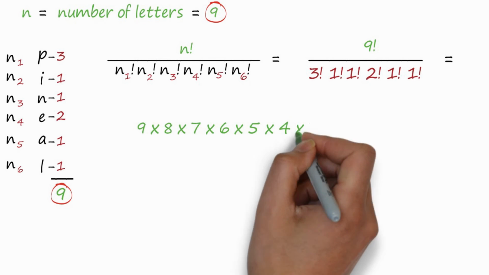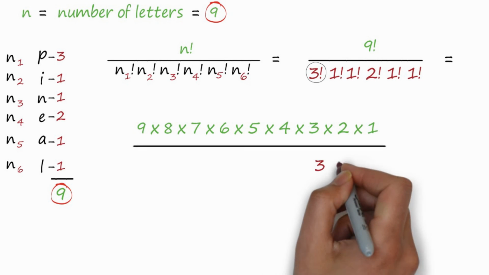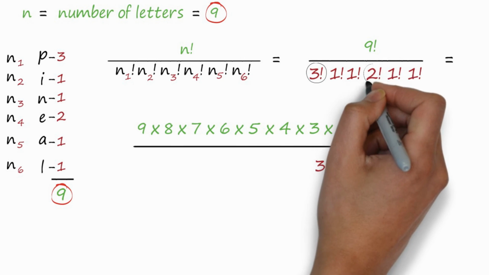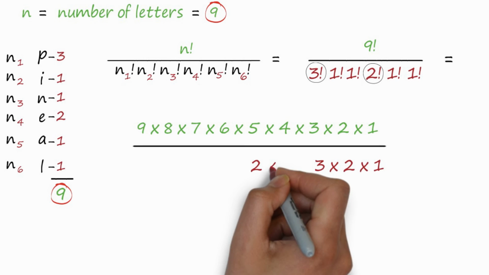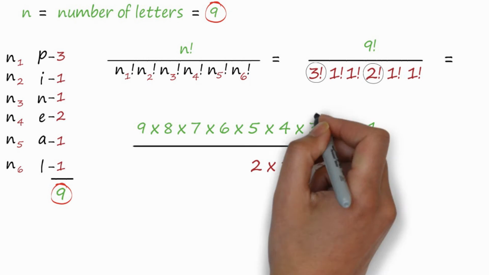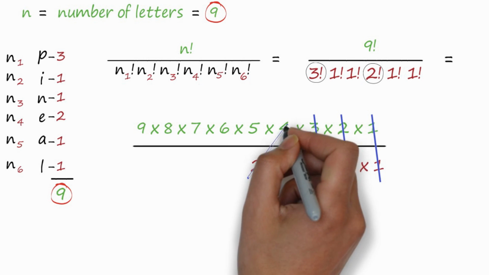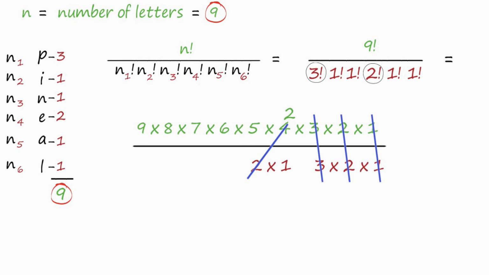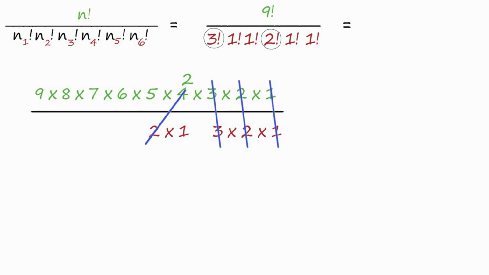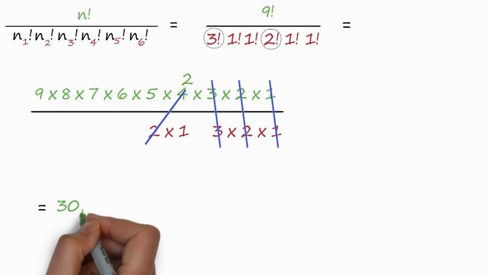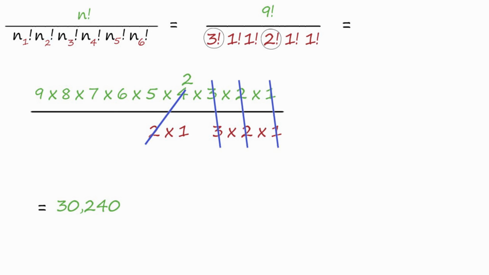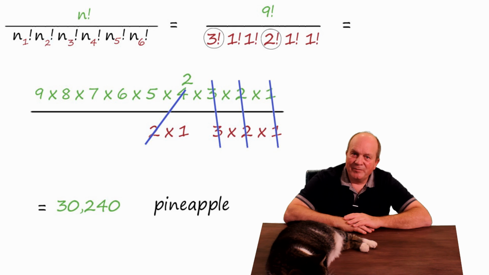So we write that out longhand. We'll expand to 3 factorial and we'll expand to 2 factorial because 1 factorial is simply 1. And we'll simplify the fraction. And if we multiply all that out, we come up with 30,240 ways to rearrange the letters in the word pineapple. That's the formula for permutations with duplicate objects.